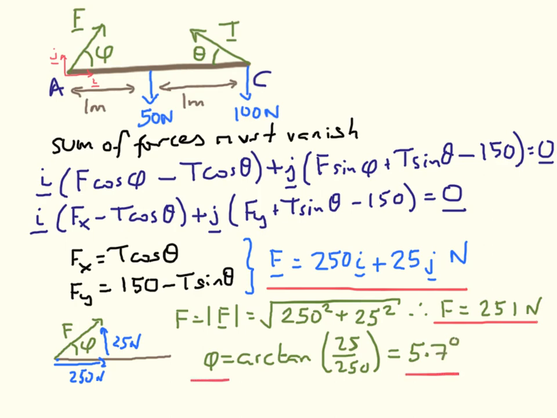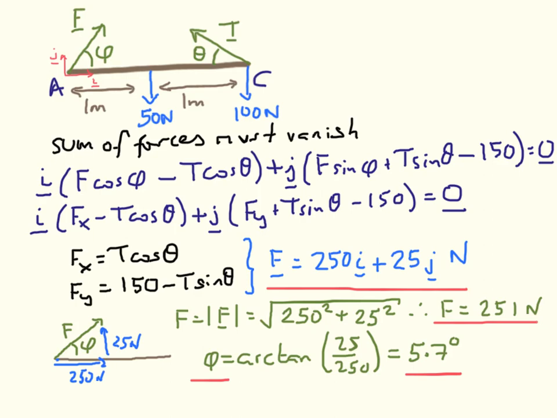And again, that makes sense. If you look at these numbers, you can see that the angle must be quite small, and we get indeed a small answer. So we've worked out the reaction force, and we've written it in two different ways, once in terms of Cartesian coordinates and once in terms of its magnitude and direction. So those two answers are equivalent.